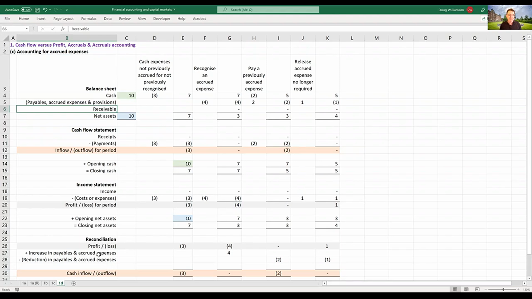So here in our reconciliation, increase in payables, accrued expenses, and provisions.